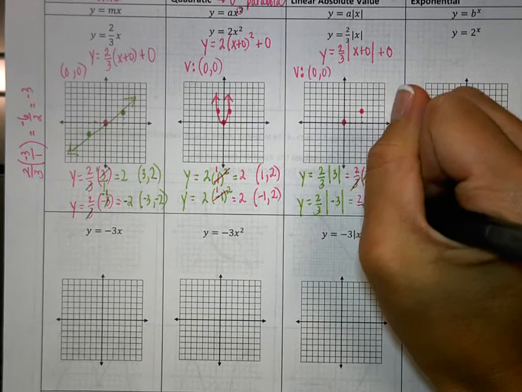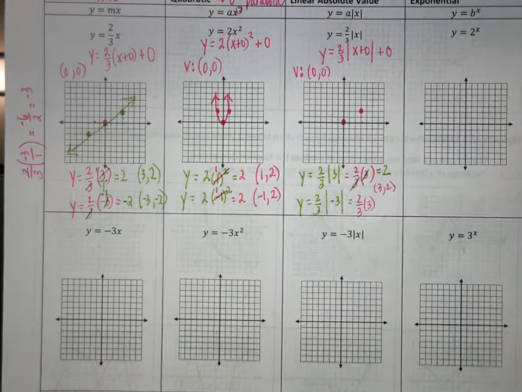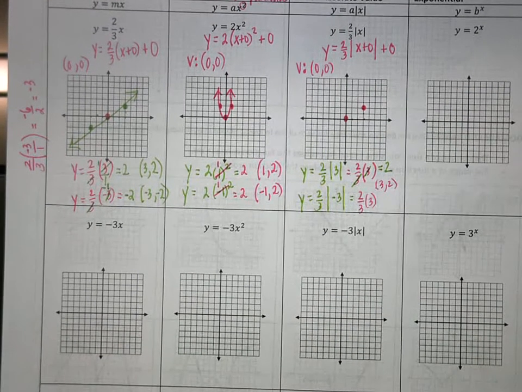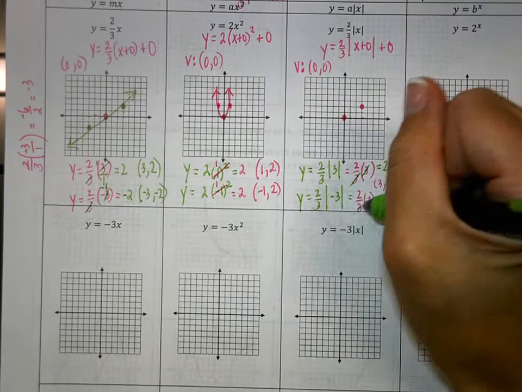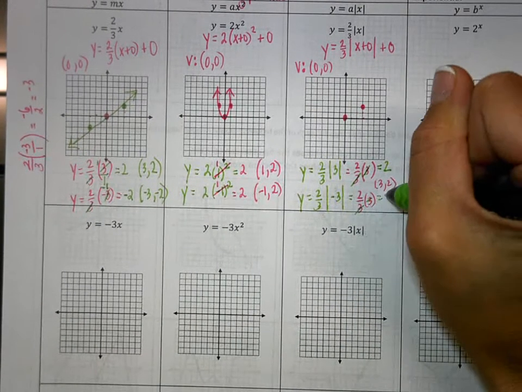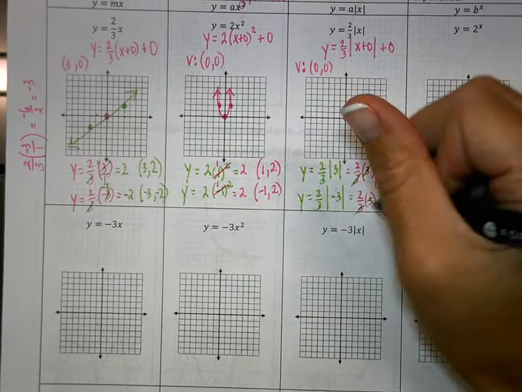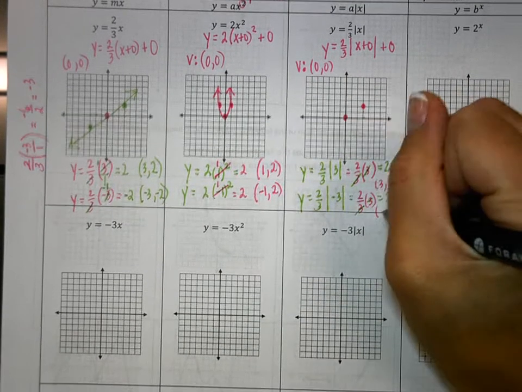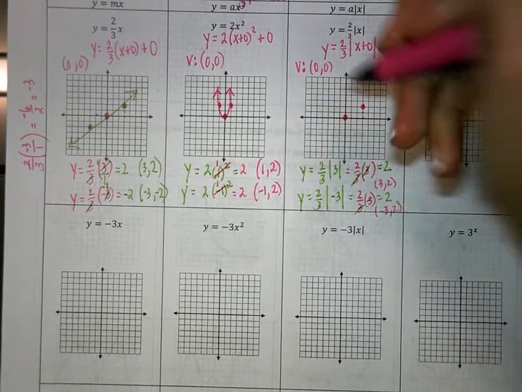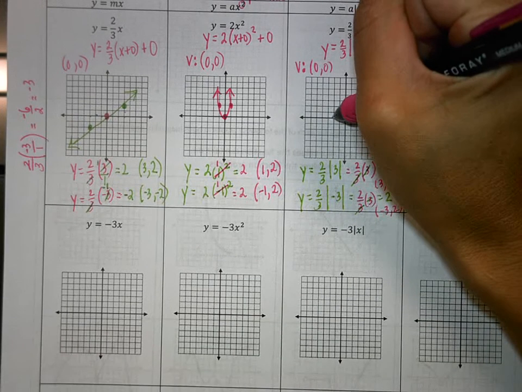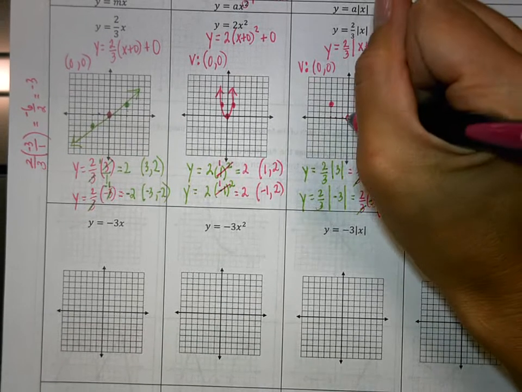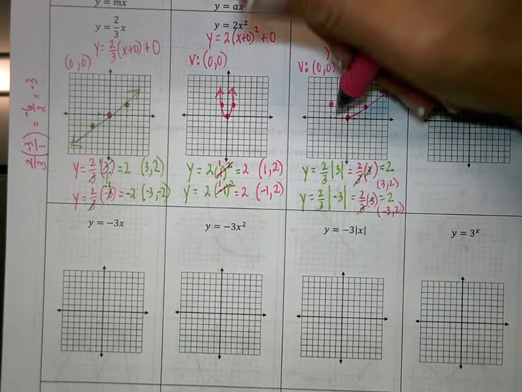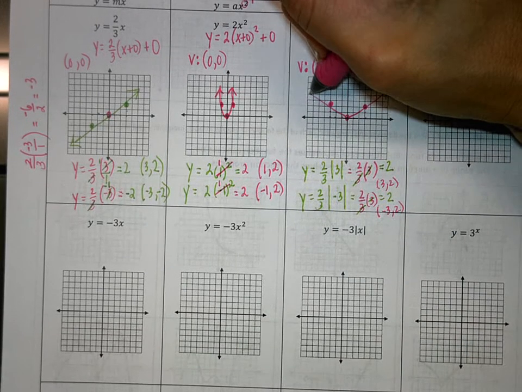So I have 2/3 times 3 again, because it came out of the absolute value. And that reduces and equals what? 2. So what is my ordered pair on this problem? -3, 2. Very good. So we go -3, up 2. And so what happens is that this ends up making a V-shaped graph.